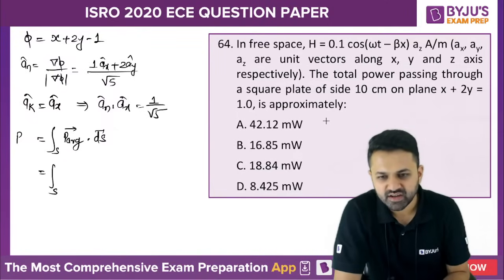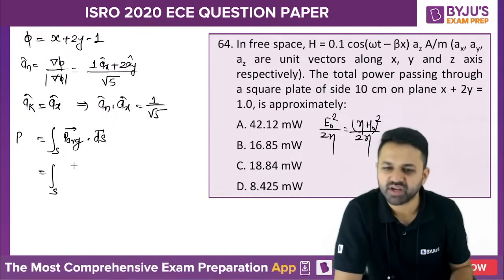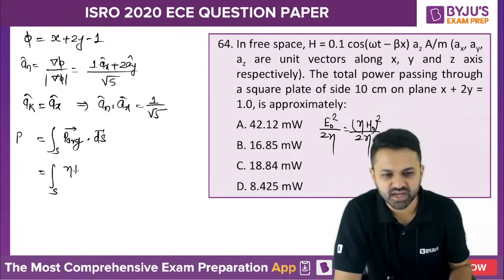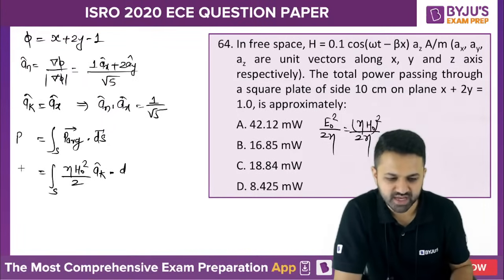So we know that E naught square upon 2 eta is the power density, and E naught is equal to eta into H naught. So eta into H naught whole square divided by 2. So you can write the time average Poynting vector as eta H naught square upon 2 into the direction of propagation, and this is dotted with the direction of the normal vector, a n cap, and the magnitude of the area.